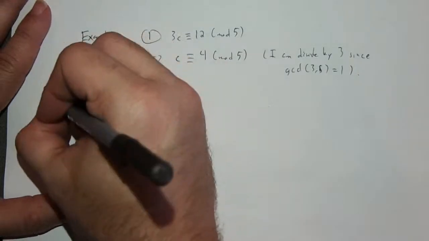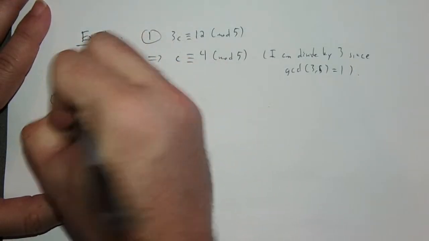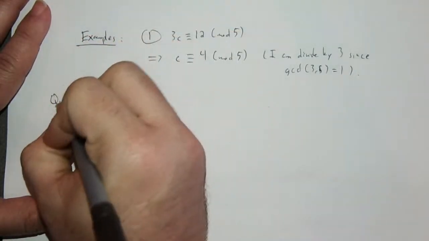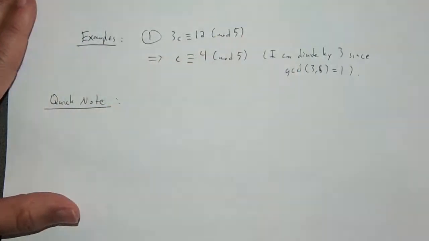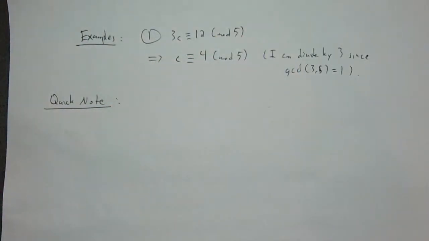All right, so a quick note here, since in the remaining examples I'm going to flip-flop between these notions. As was mentioned in the proposition immediately prior to this example, sometimes I really want to divide, but I don't have the fact that the thing I want to divide by and the modulus are relatively prime.